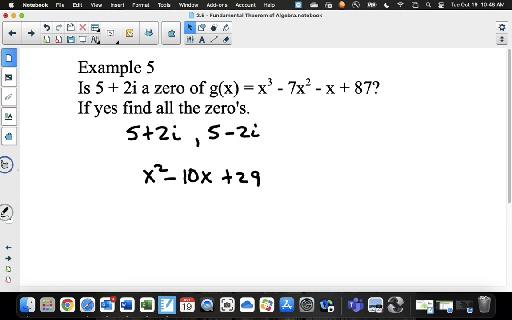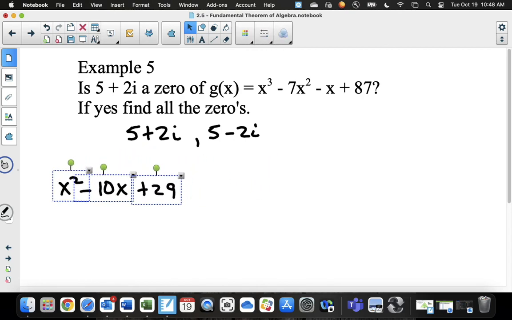I will tell you this though, even though it looks super complicated, because it's complicated, it's easier. It is. Just watch. It's going to be easier than it looks. Here it comes. Let's do some long division.